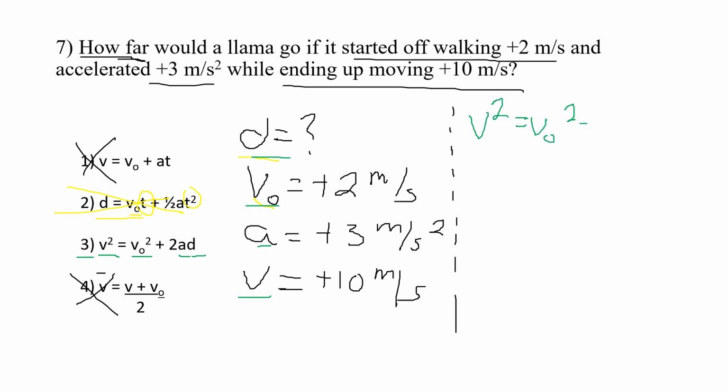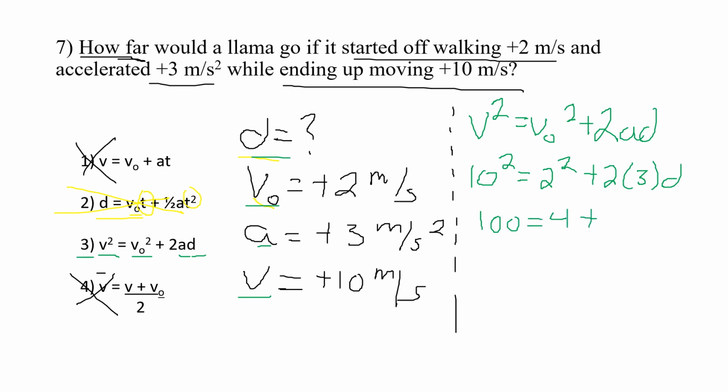V squared equals V0 squared plus 2AD. 10 squared equals 2 squared plus 2 times 3 times D. 100 equals 4 plus 6D, minus 4 from both sides, 96 equals 6D.